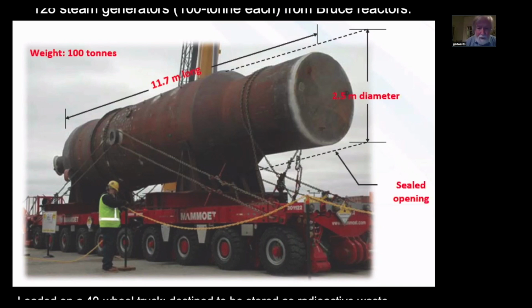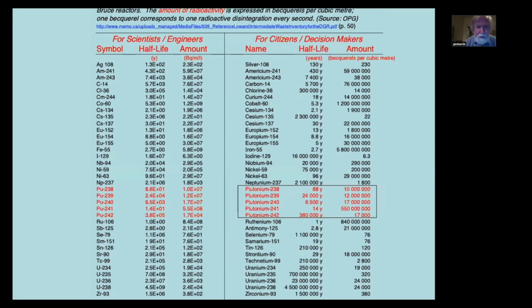Now, you might think that there wouldn't be much radioactivity in these steam generators because they're so far away from the core of the reactor, but here's a list, and this is only a partial list, of radioactive material in the pipes of the steam generators. This is produced by the Canadian Nuclear Safety Commission in one of their public hearings that I participated in.